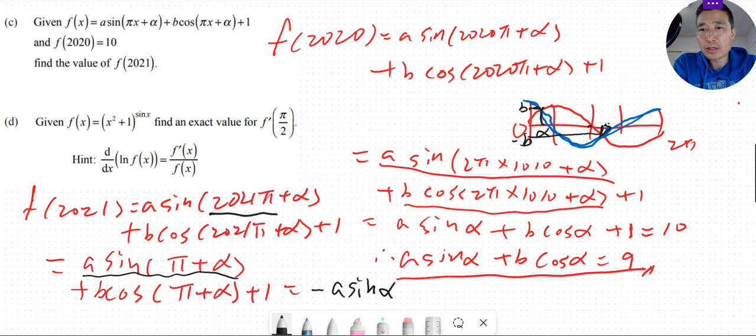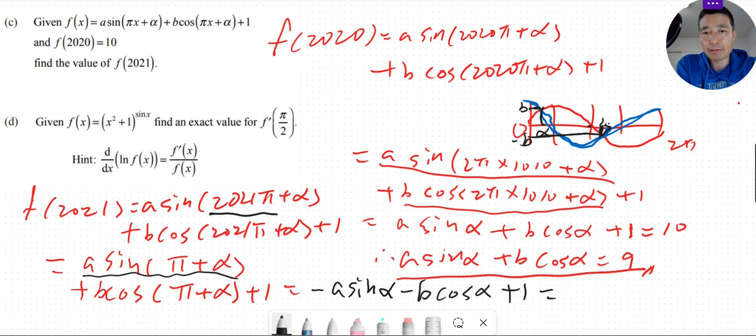Same way, cosine too. So cosine alpha is, say, b. Then you add pi much, right? So where is it? Somewhere here. Same way, it is negative b, right? So it becomes minus b cosine alpha plus 1, right?